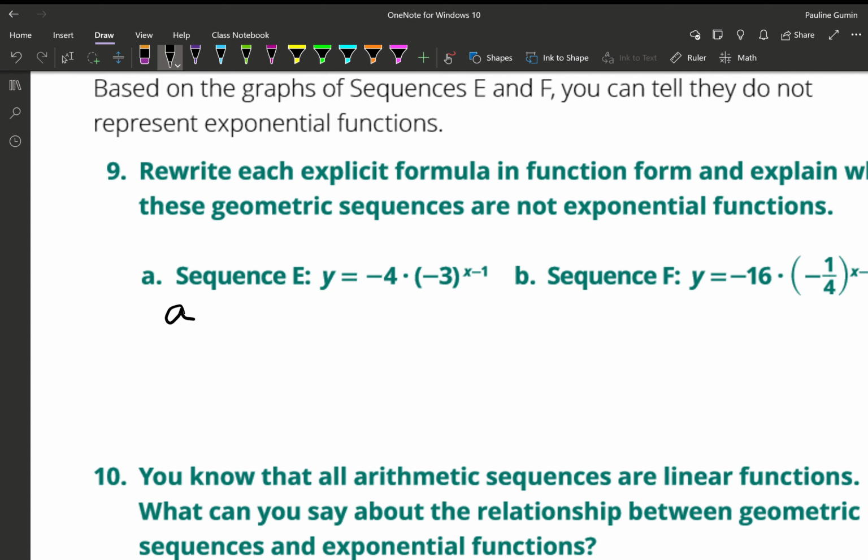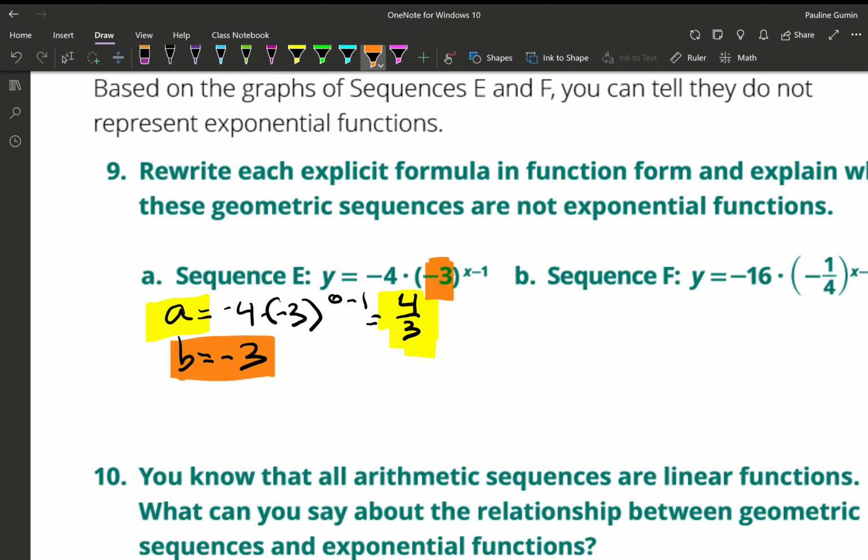So we need an a, which is us plugging in 0 for x, and then our b is -3. This gives us 4 over 3. So our function would be 4 over 3 times -3 to the power of x.